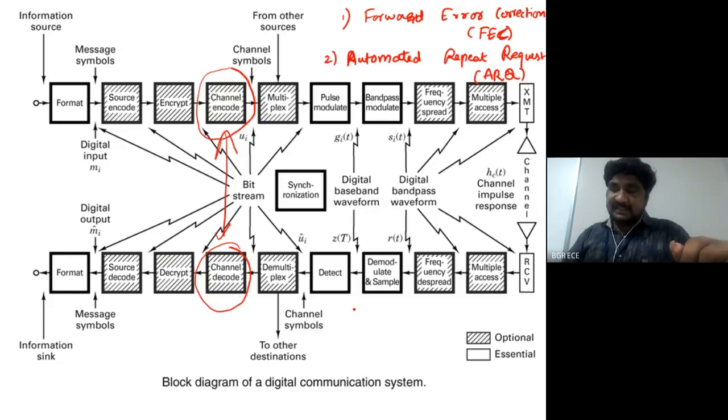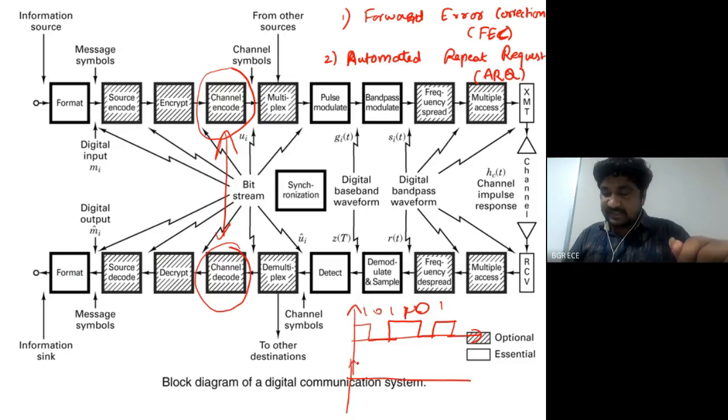While we transmit the binary information over the channel with the help of pulses, let me take one example: 1 1 0 1 1 0 1. This is the binary data.